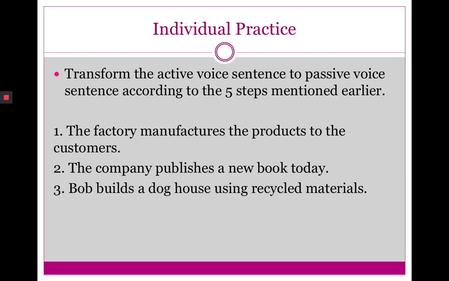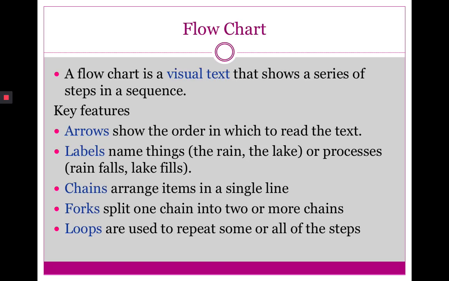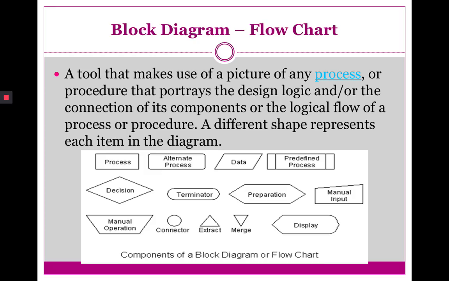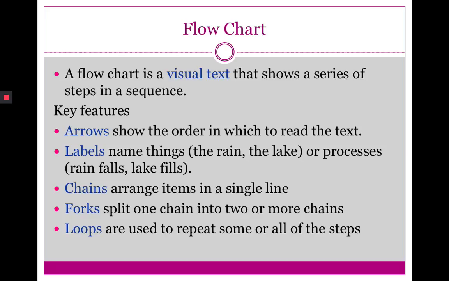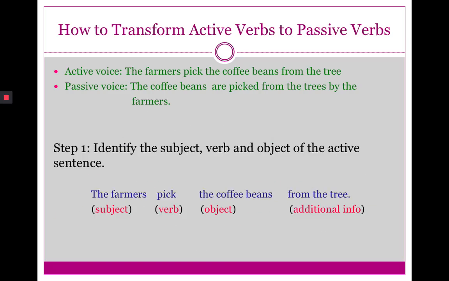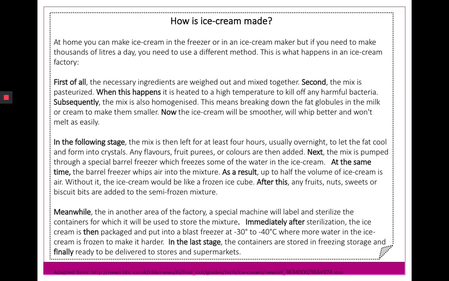Okay, all right. So this one, flow chart, I think you can read this on your own. I do not want to touch on this, but a flow chart is how to transform linear text into non-linear, because linear text is very long, right? This is what we call linear text. Linear text is very long sentences. Sometimes people find it hard to get the information, get the stages, and so on.